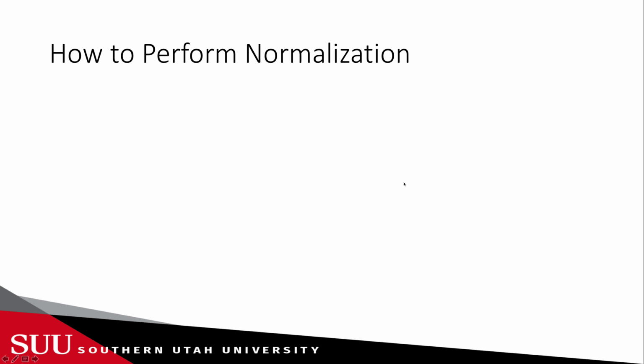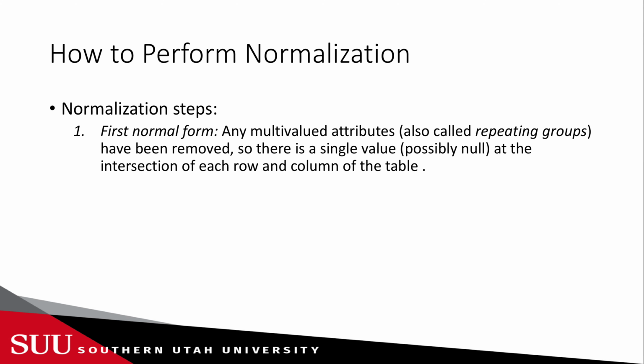Since the normalization will be into three normal forms and we will achieve one normal form in every step, it makes sense that we will have three normalization steps. The first step is to go to the first normal form. In the first normal form, our main focus is to get rid of any multi-valued attributes, which are also called repeating groups.